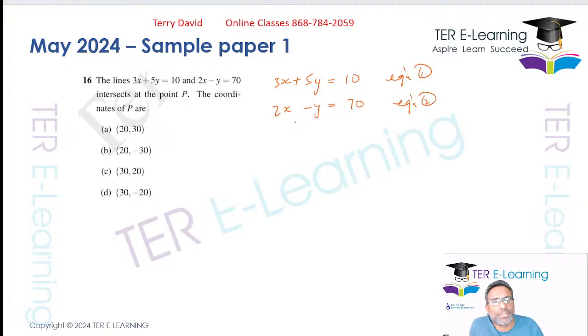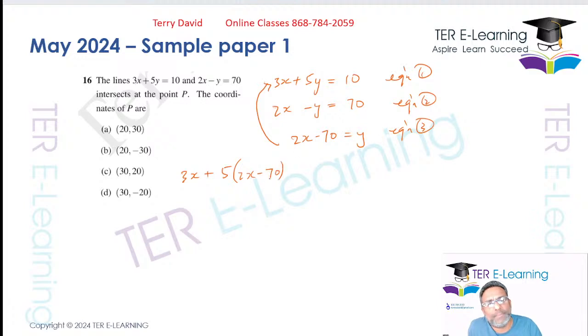From your second equation, you can get that 2x minus 70 is equal to y, and let's call that equation 3. Now I'm going to substitute this into the first equation. So this is going to be 3x plus 5 times (2x minus 70) is equal to 10.